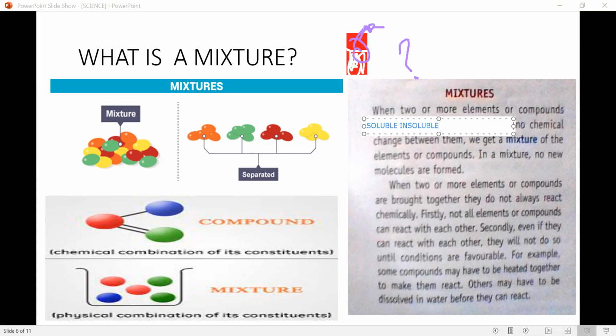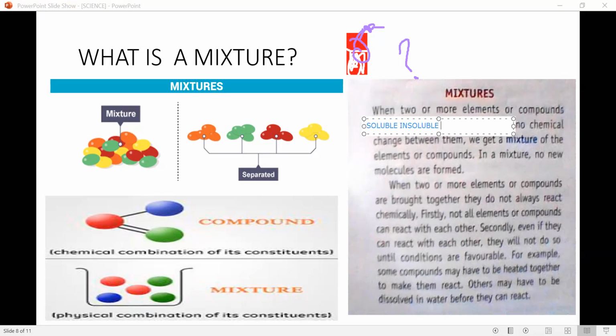For example, if we take two red candies and two yellow candies, we put them together and close our eyes. Would we be able to understand which is red and which is yellow? No. In the same way, when a mixture is mixed together, we cannot see it.